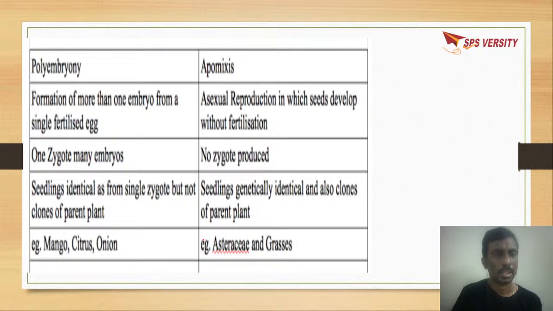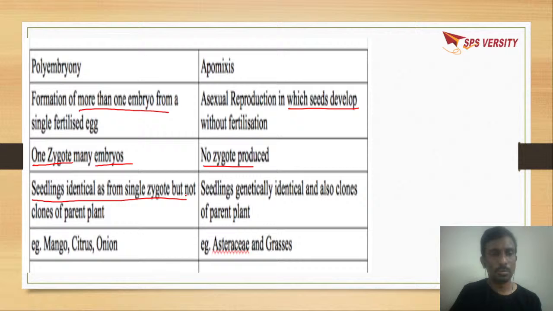Okay. So what is the difference between polyembryony and apomixis? Polyembryony means formation of more than one embryo in a seed. Apomixis means formation of seeds without fertilization. In polyembryony, by fertilization only one embryo forms, but by other means many others form. In apomixis, there is no zygote.